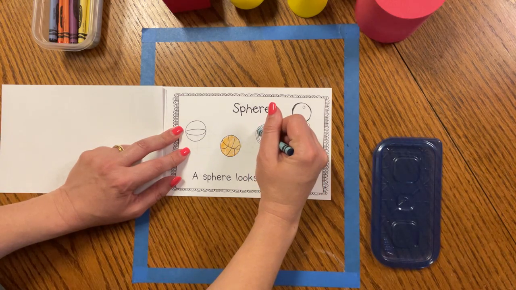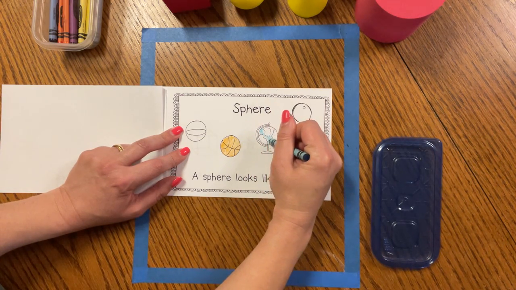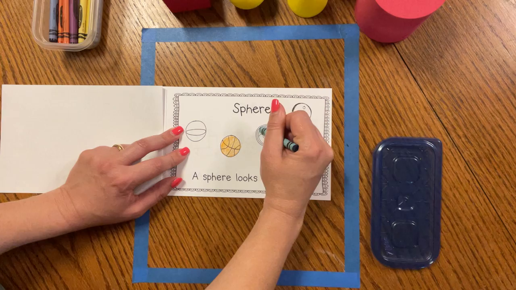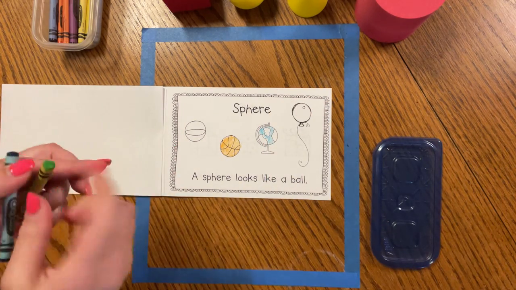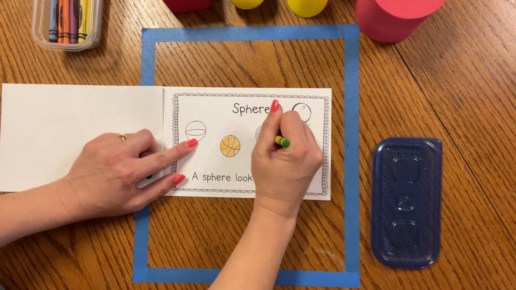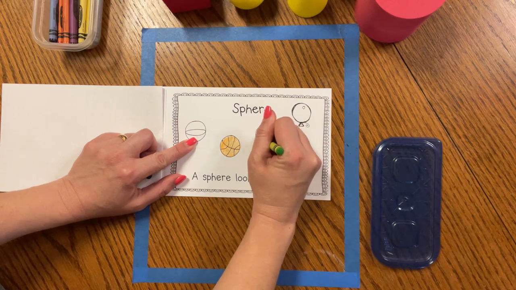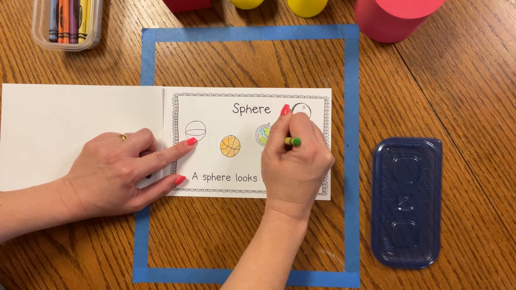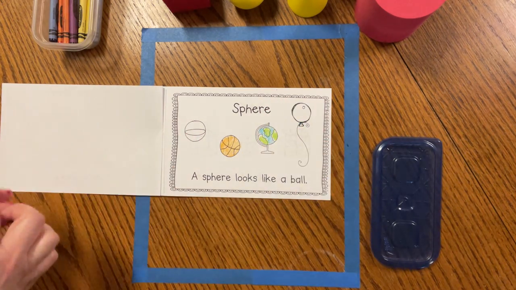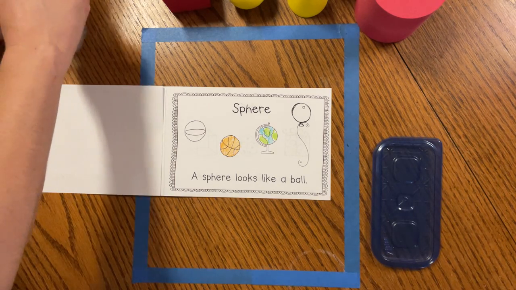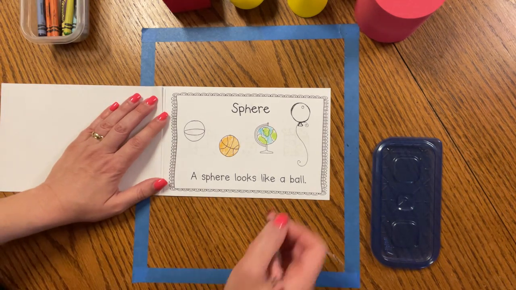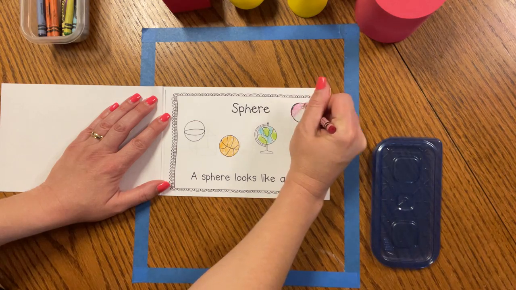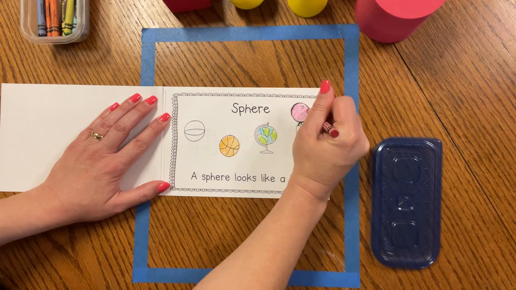So I'll get a little bit of blue for the ocean. Did you know we live on a sphere? Oh my goodness. And some green for the land. Excellent. And your balloon can be any color you like it to be. Wow, a nice round balloon.